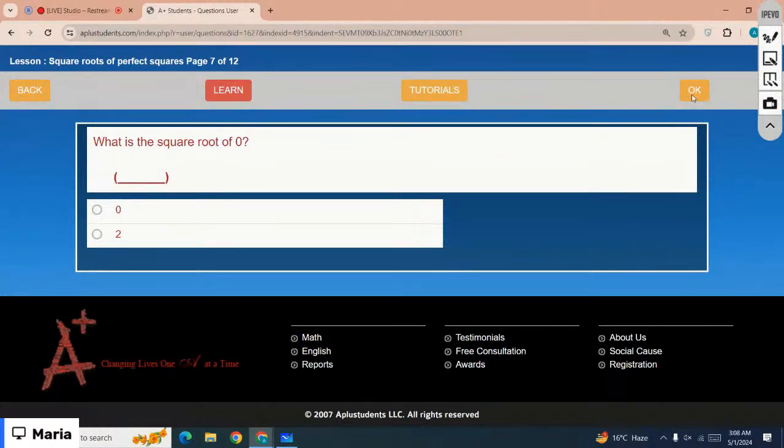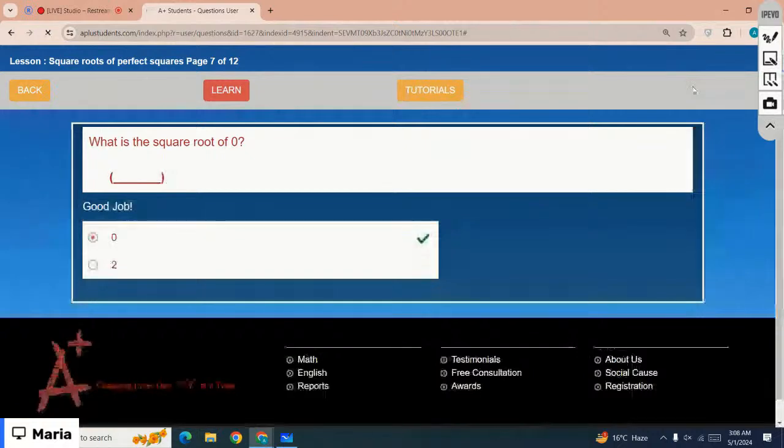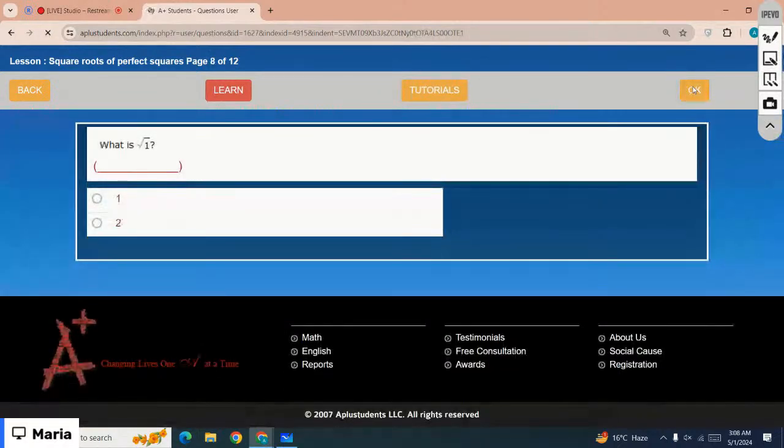What is the square root of 0? Square root of 0 is 0. 0 times any number is 0, so square root of 0 is 0. What is the square root of 1?